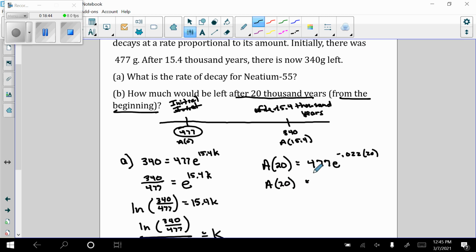So I got 307.205 grams after 20,000 years. Not too bad, just read carefully.